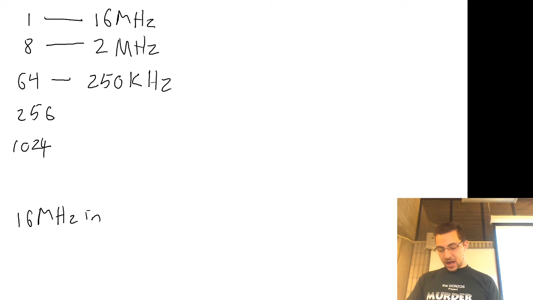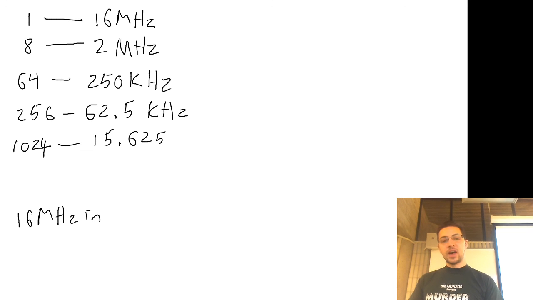And if I divide it by 256, 16E6 divided by 256, gives me 62.5 kilohertz. And finally, divided by 1024 gives me 15.625 kilohertz. Now, how does that help me?